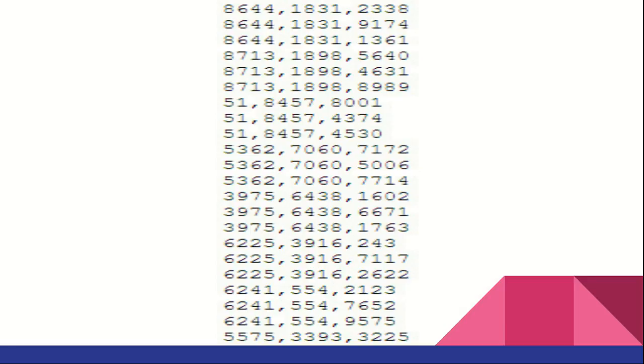For each collaboration, that is, 8644 has collaborated with 1831, we have used 3 negative samples as illustrated by the top 3 examples in this slide. Next, 8713 has collaborated with 1898. Each time we use negative samples, and we have used 3 negative samples for them.